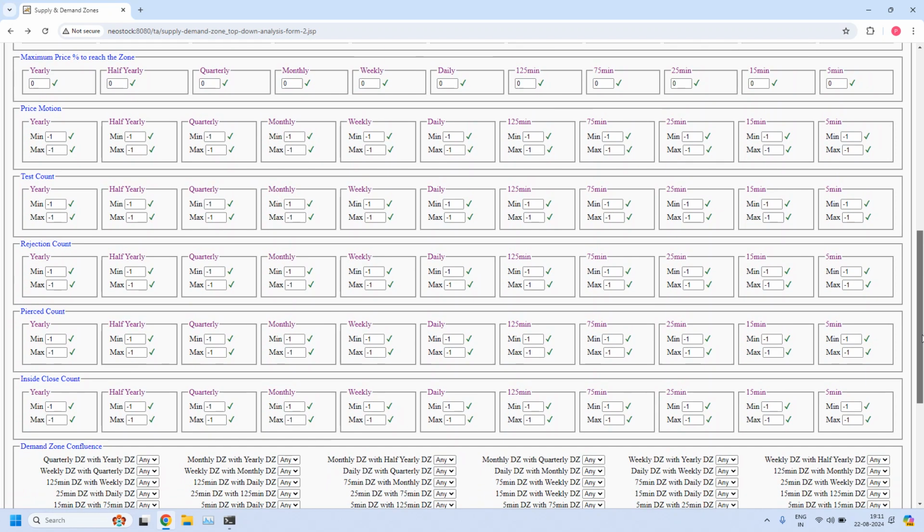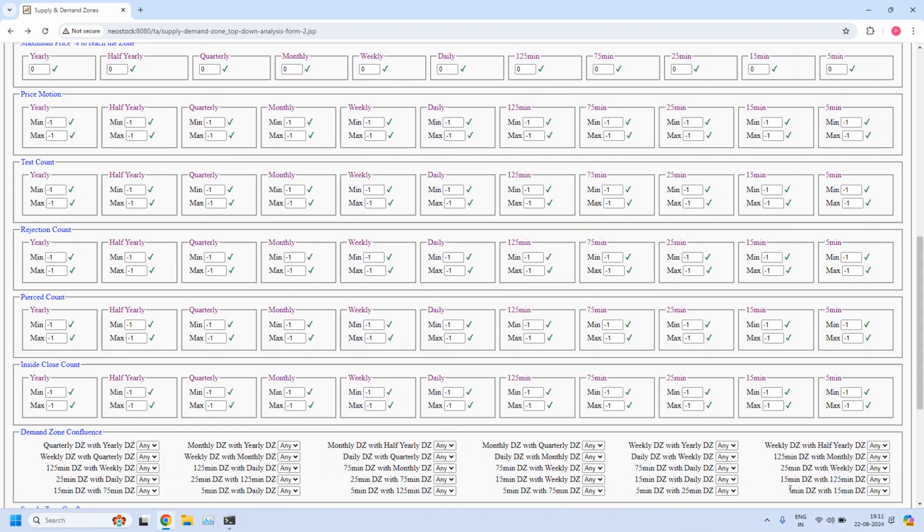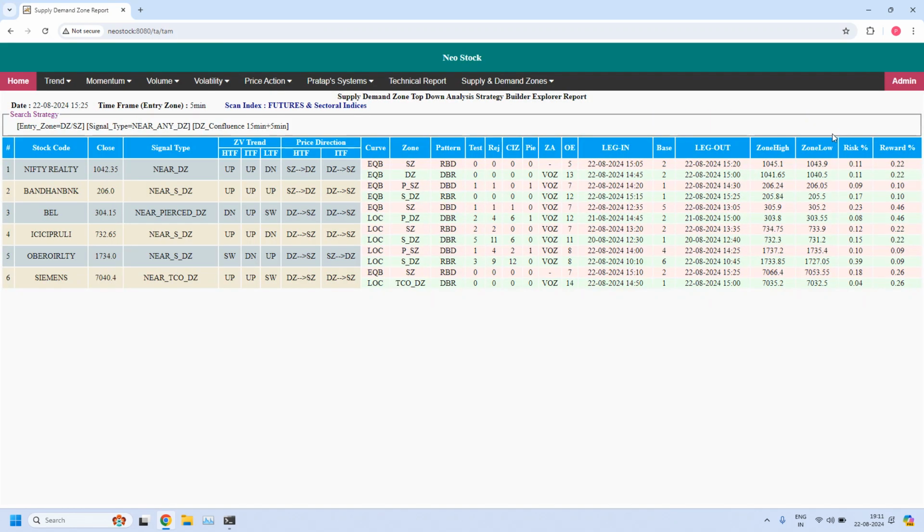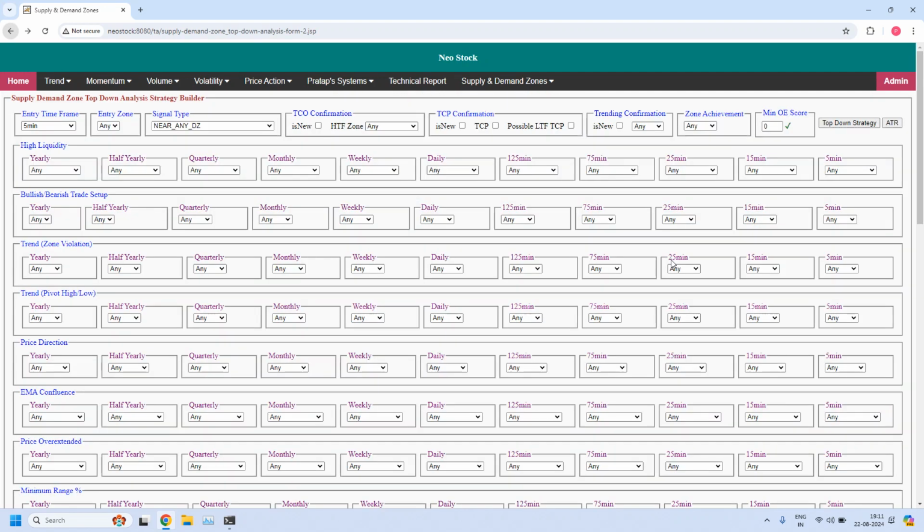ITF confluence, that is the 5 minutes demand zone with the 15 minutes demand zone, enabled. Let us verify. Now 6 stocks are filtered. Out of 10, 6 stocks are filtered, and these 6 stocks have ITF confluence. Now among these 6, how many have HTF confluence? That we are also going to verify.